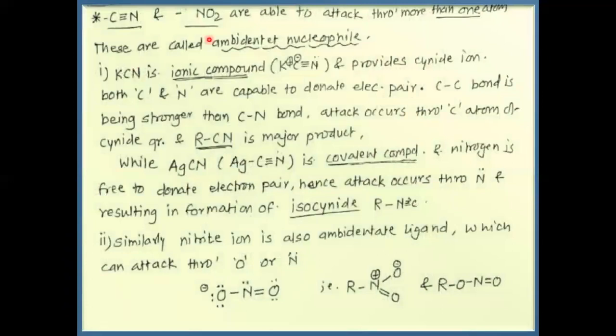Now cyanide and nitrite are able to attack through more than one atom, so they are called ambidentate nucleophiles.